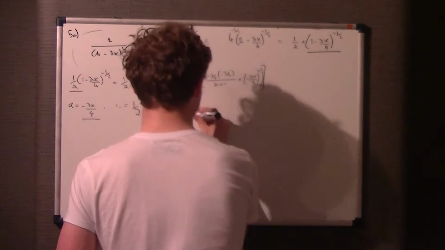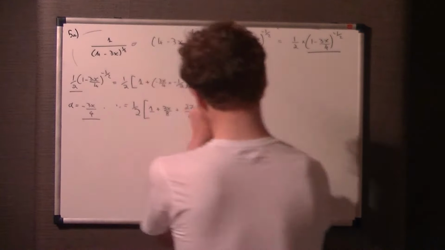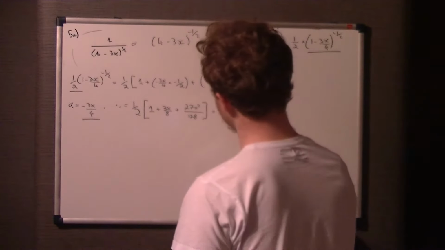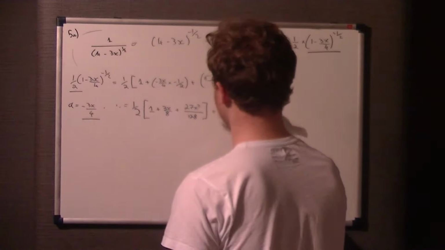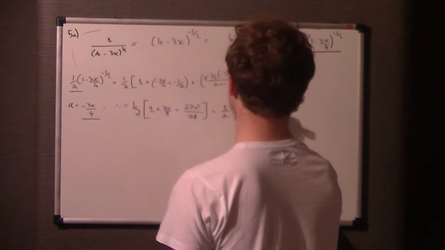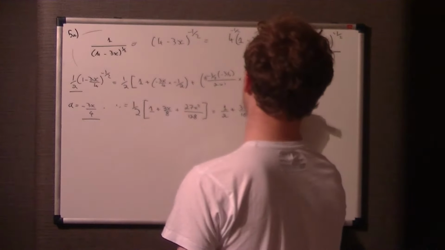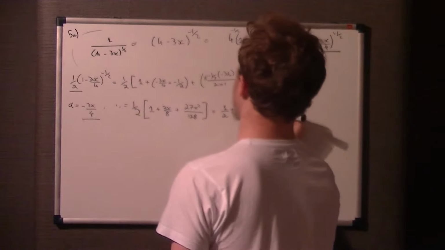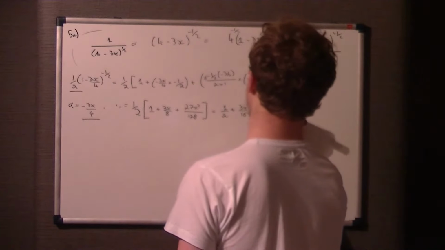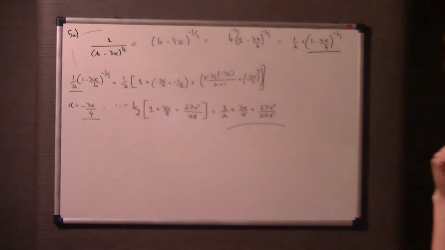So therefore we times all of this by 1/2. 1 times 1/2 is, weirdly enough, 1/2, and then it's 3x over 16, and then it's 27x squared over 256. So that's your expansion.